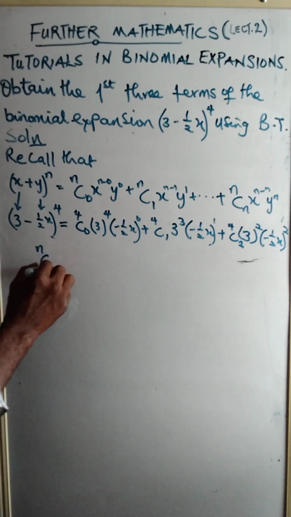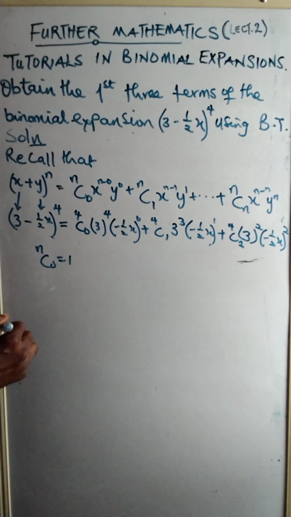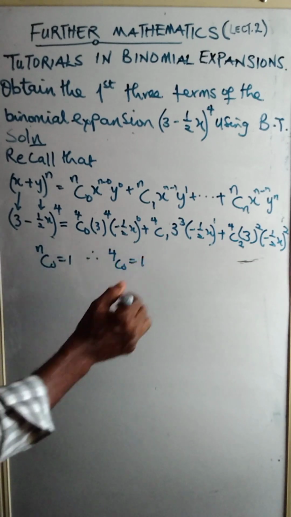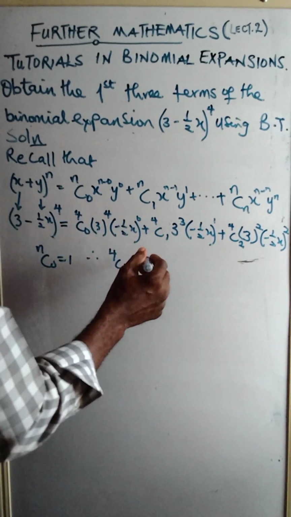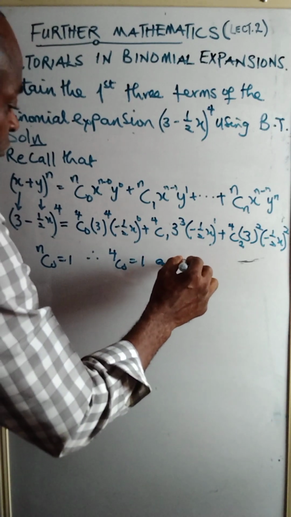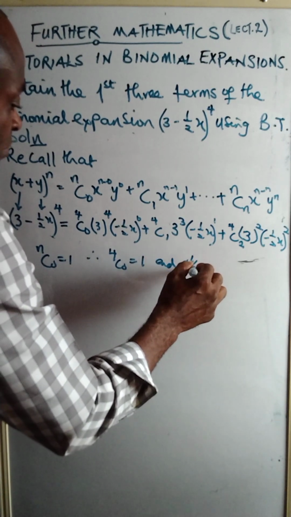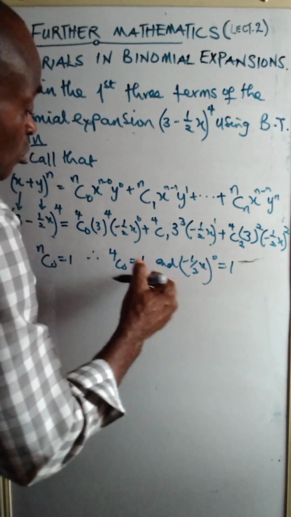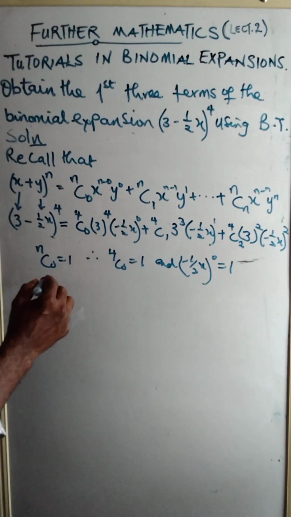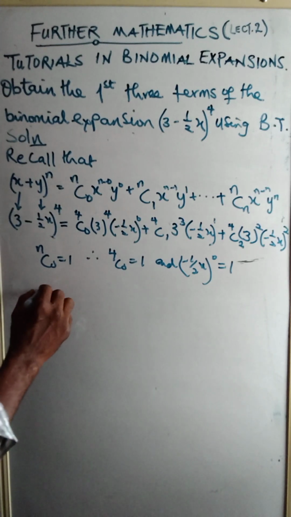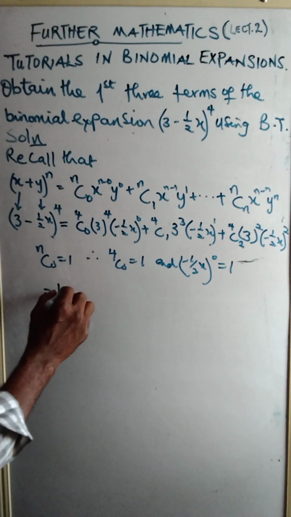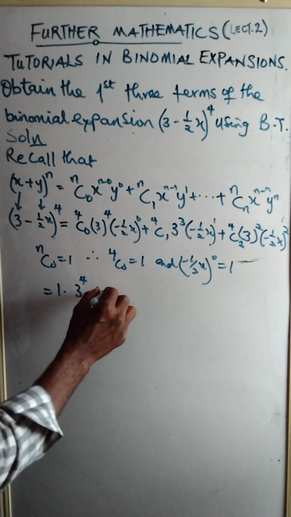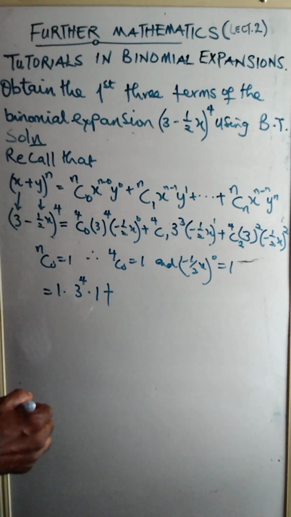Of course I told us last time that n combination 0 is the same thing as 1. Therefore we can say that 4 combination 0 is 1. And also minus half, everything raised to power 0 is equal to 1 using indices. So from the first term, what we are left with is 1 times 3 raised to power 4 times 1, everything plus.